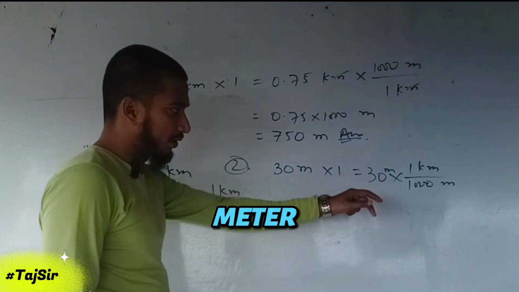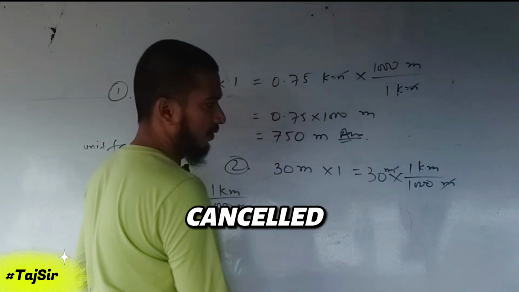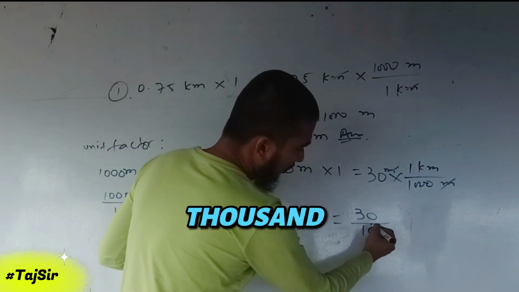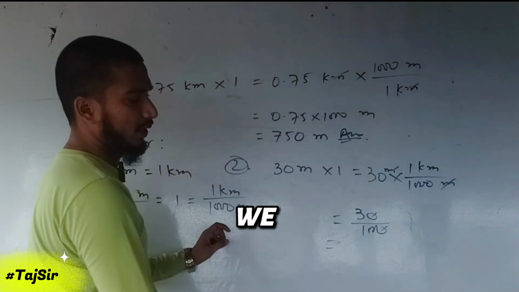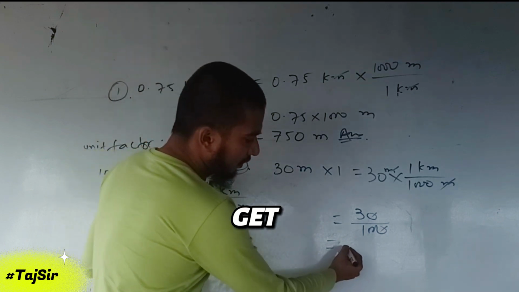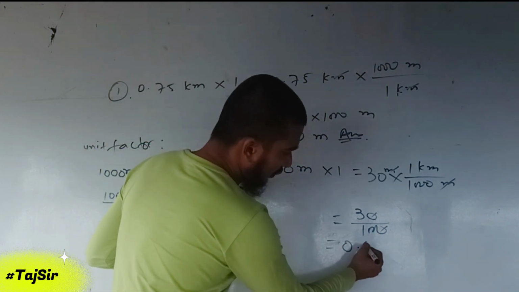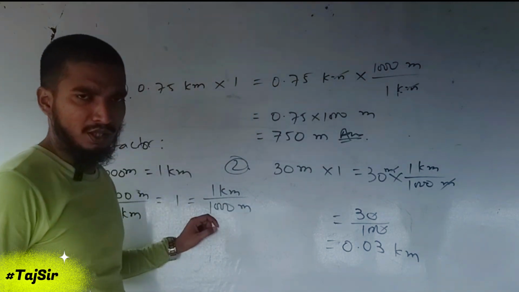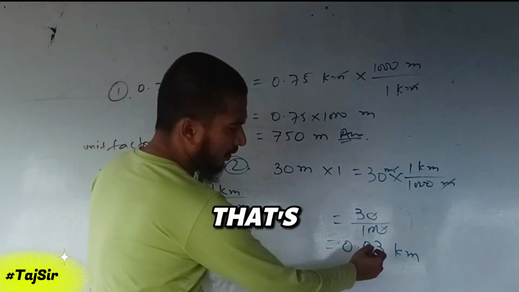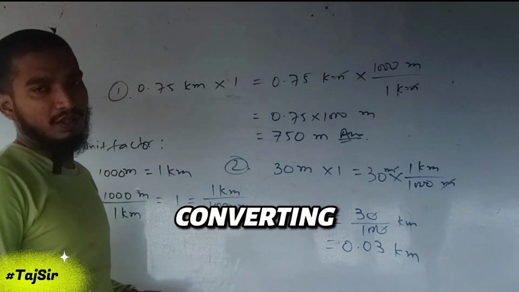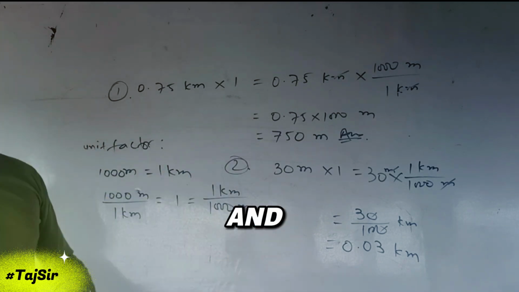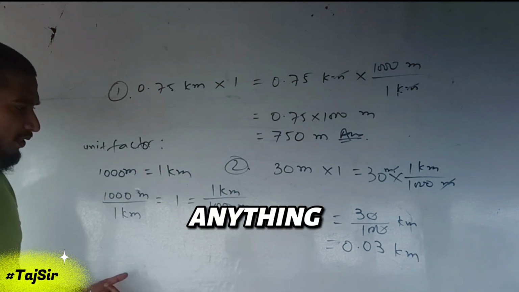Now meter gets cancelled. We are left with 30 divided by 1000, and if we cancel a zero and divide, we get 0.03 kilometer. That's so simple, so easy in converting. There is not only a unit factor for meter and kilometer, there could be anything.